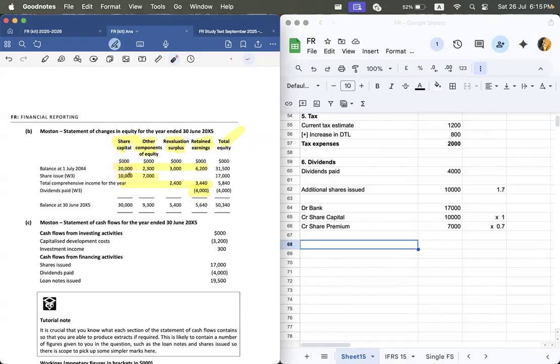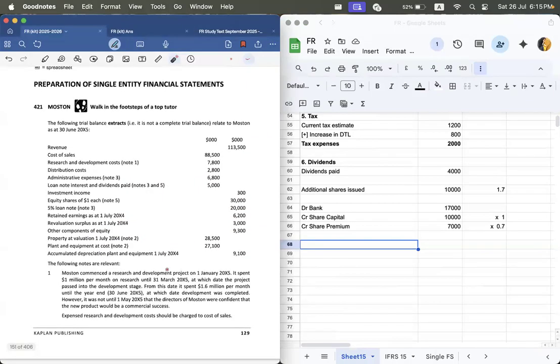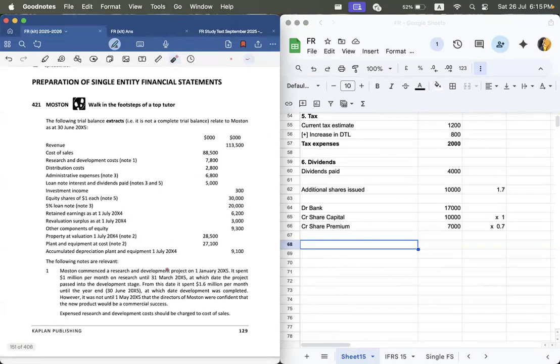And other components of equity, revaluation surplus, they have the opening balance here. Retained earnings also, they have directly given you the opening balance.